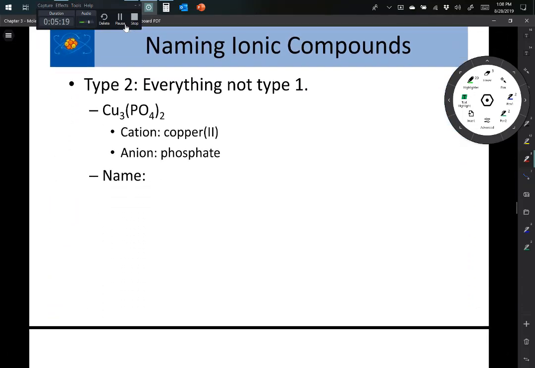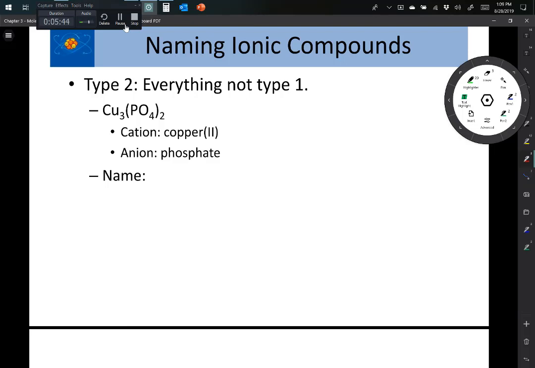So here's one that's type 2. And type 2 is everything that's not type 1. So you have to know which ones are type 1 in order to do this. And then let's look at how we would put the name together. In this case, the cation is copper 2, and the anion is phosphate.